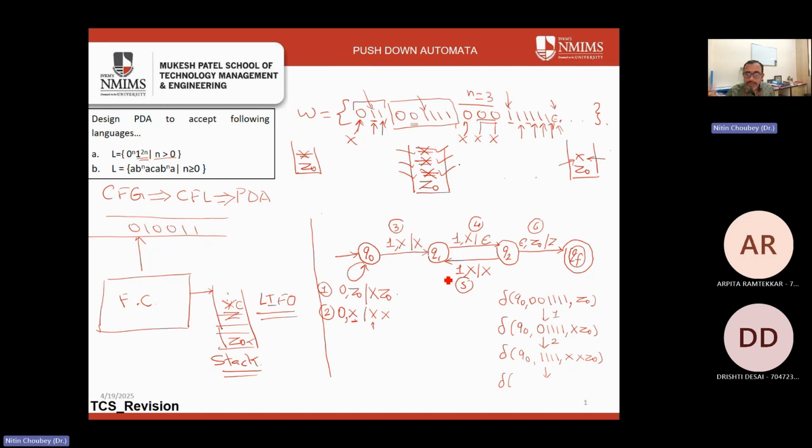That is, stack top will remain unchanged, and this 1 will get consumed. The state would be changing from Q0 to Q1. So Q1, first one got consumed. We are left with 3 ones, and the stack remains unchanged.